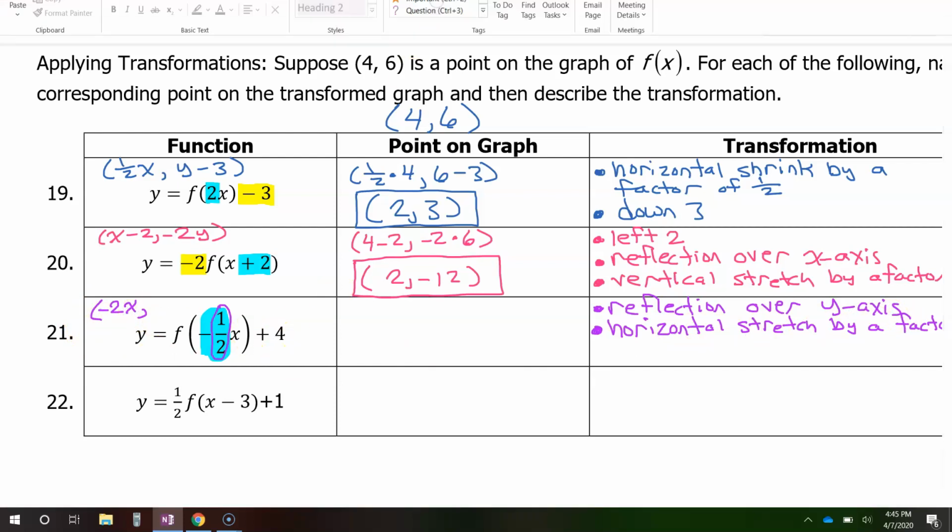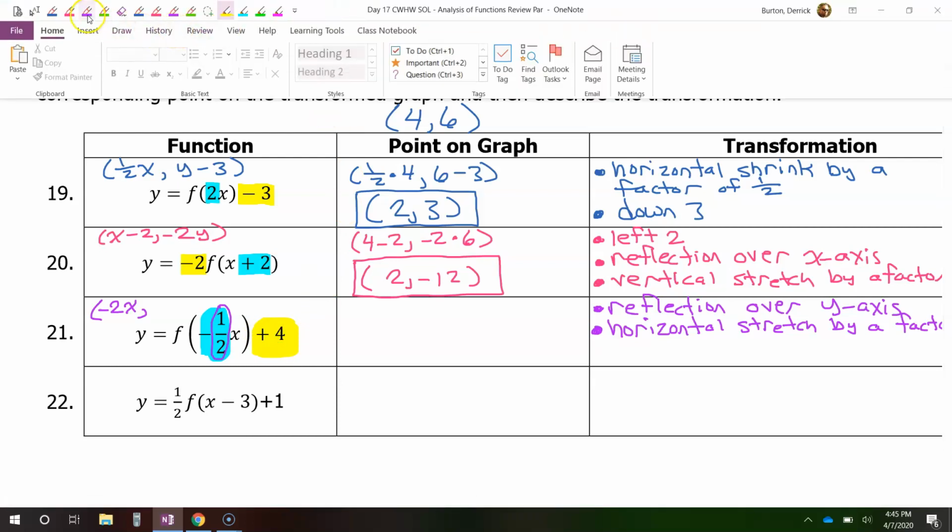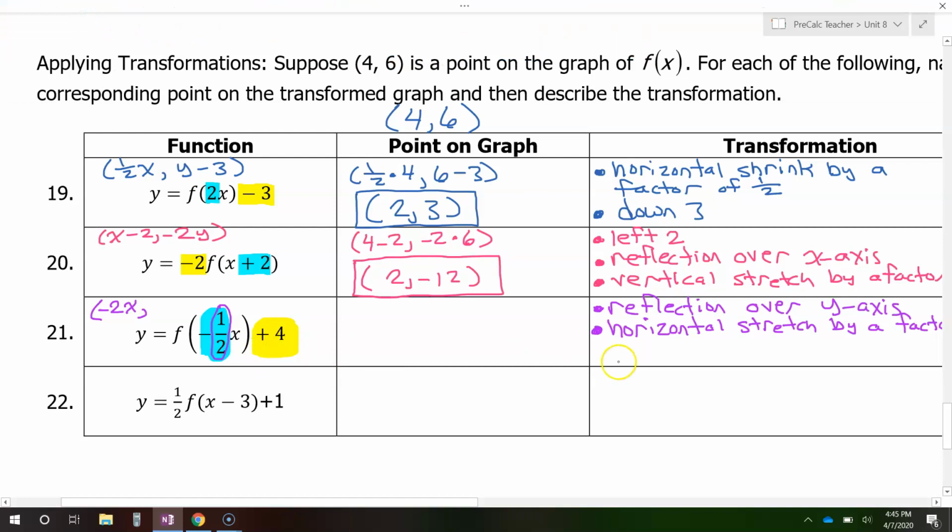Okay, now let's talk about the vertical stuff. All right, what's happening to the y values? Well, this is going to be pretty straightforward. +4 is going to be a vertical shift, so it's just going to be up 4. So that means we will take any y value and we will simply add 4 to it.